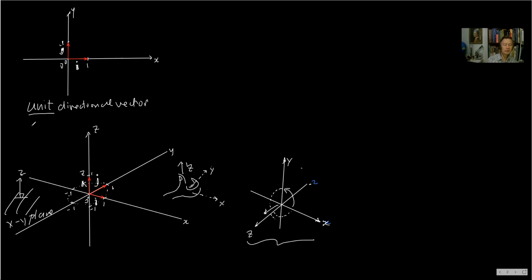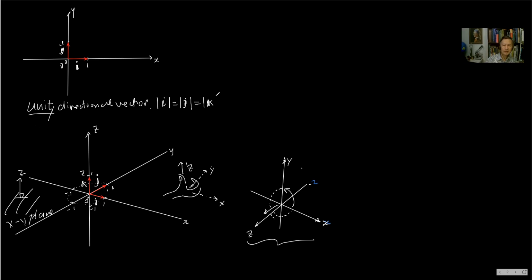Why is it unit? Because the amplitude is 1. So this is i, j, k.